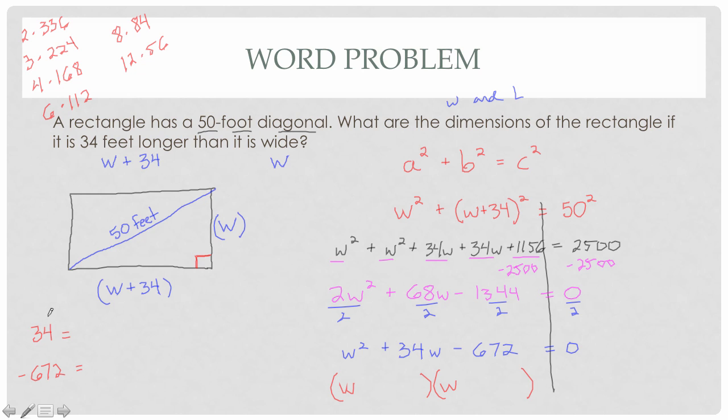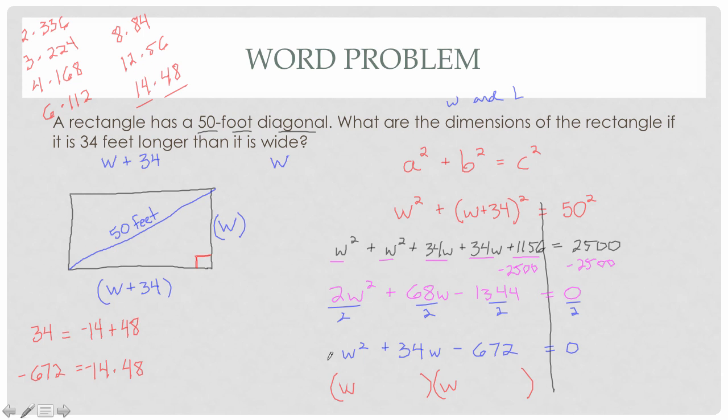So 672 divided by 14. And here we go. 14 times 48. There's my two factors. Those multiply to make 672. But I need them to also make positive 34 when I'm adding them. So that means I need the 14 to be negative.